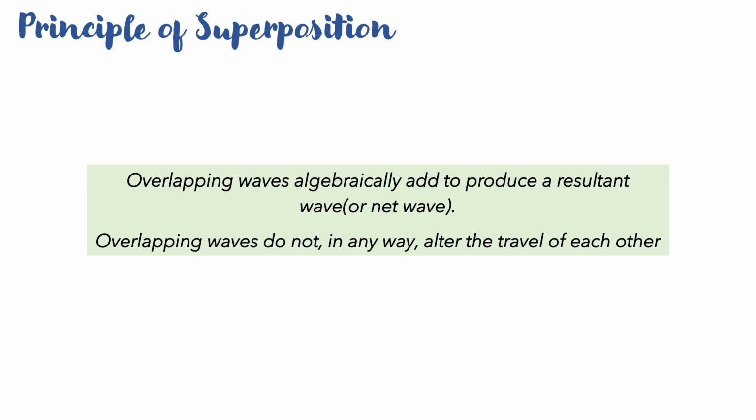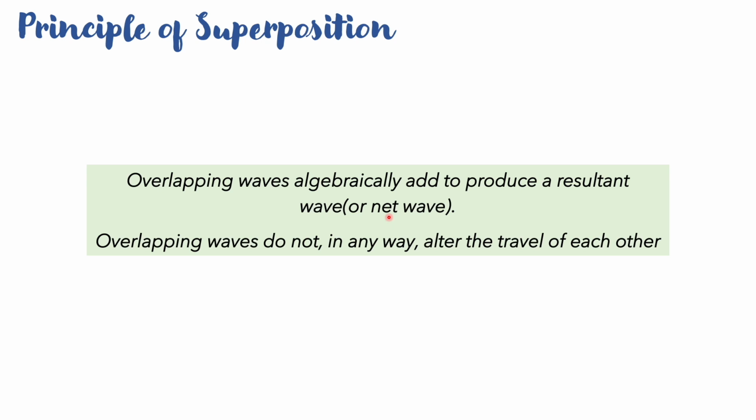Okay, now what is the principle of superposition? It states that overlapping waves add algebraically. When two waves cross through one point, they overlap with each other, and when they overlap, they algebraically add to produce a resultant wave, or the net wave. So when they overlap, their amplitudes algebraically add.